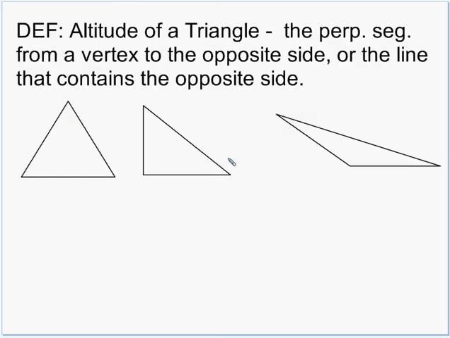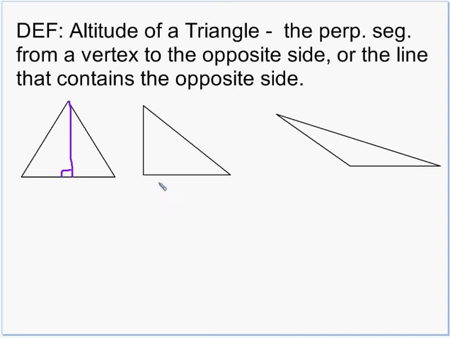Altitude, once again, goes from the vertex perpendicular to the opposite side. So for an acute triangle, we go from the vertex here. We're going to go straight down so that we're perpendicular to that opposite side.